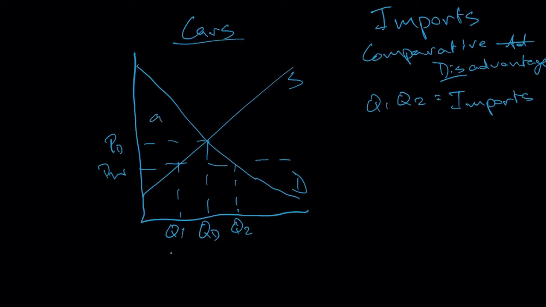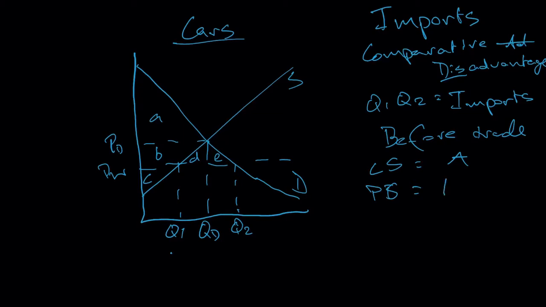I'm going to go area A, area B, area C, and then moving horizontally into the new areas that have been created, area D and area E. Before trade, consumer surplus was area A. So CS equals area A. PS was areas B plus C, illustrated by the area above the supply curve and below the domestic price.